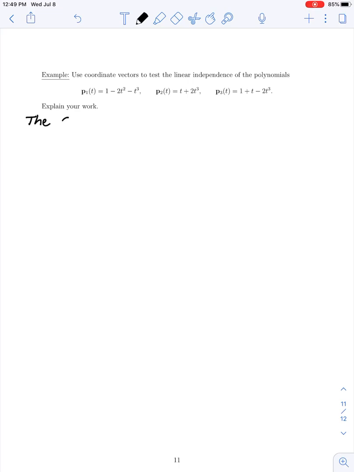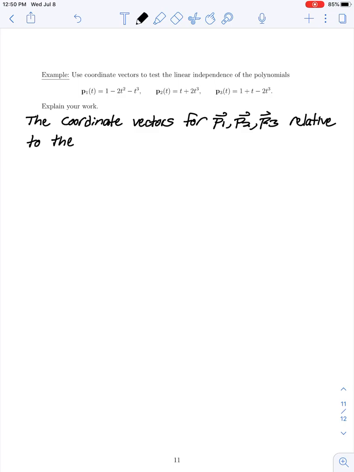So here, let us start by finding the coordinate vectors for these 3 polynomials, p1, p2, and p3, relative to the standard basis. Which for polynomials of degree 3 or less would be 1, t, t squared, and t cubed.